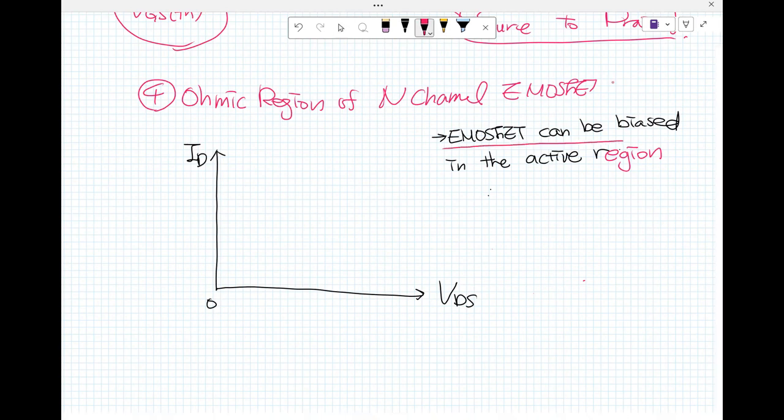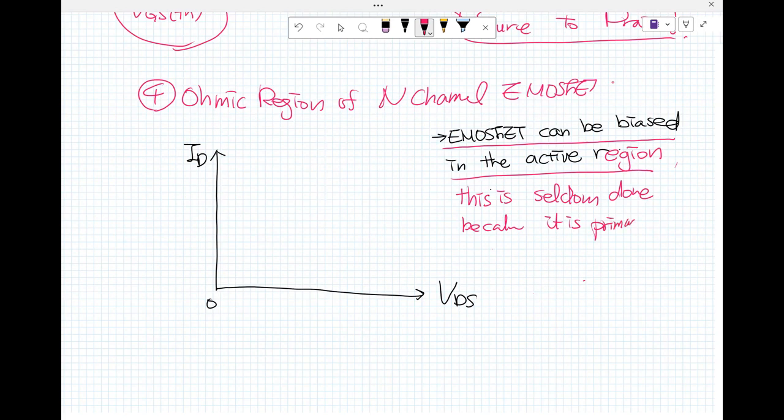So the E-MOSFET can be biased in the active region. However, this is seldom done because it is primarily a switching device.